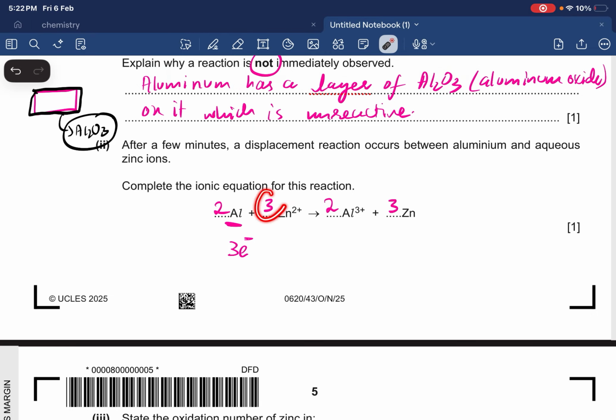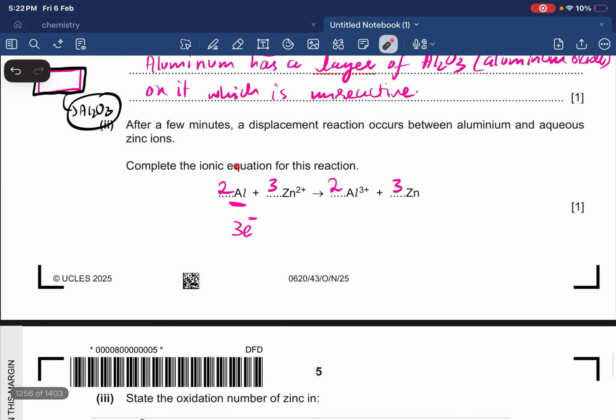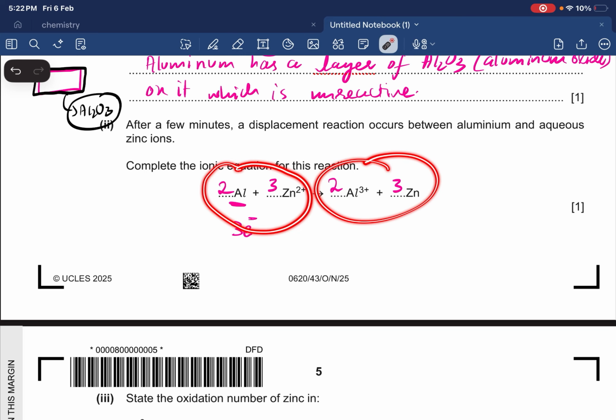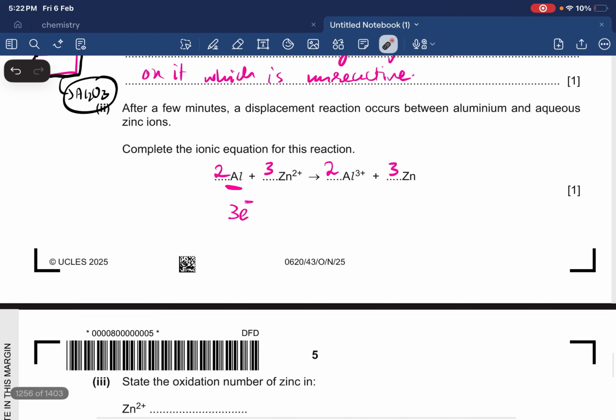Because 3 zincs lose 2 electrons each, you have a total of 6 electrons. Then 2 aluminums can gain these 6 electrons because 1 aluminum needs 3 electrons. That's how you balance such equations. You make the number of electrons equal. The electrons gained and lost should be equal.